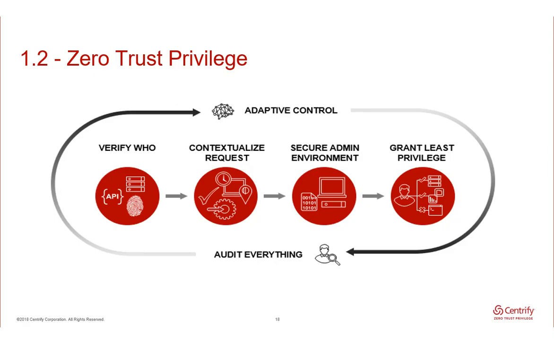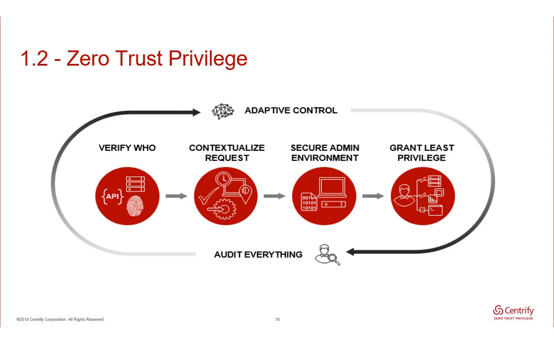So let's take a look at Centrify's Zero Trust Privilege model. Zero Trust Privilege requires granting least privilege access based on verifying who is requesting access, the context of the request, and the risk of the access environment. By implementing least privilege access, organizations minimize the attack surface, improve audit and compliance visibility, and reduce the risk, complexity, and cost of the modern hybrid enterprise.